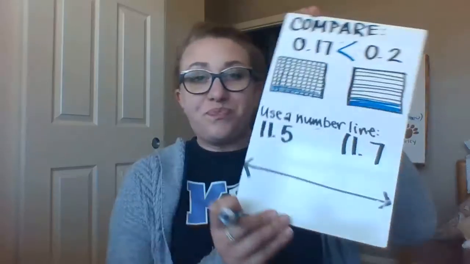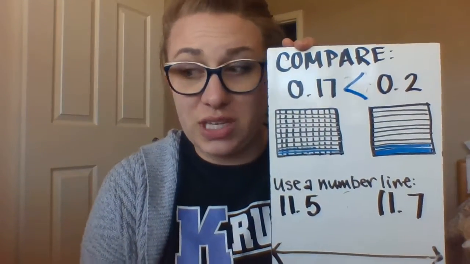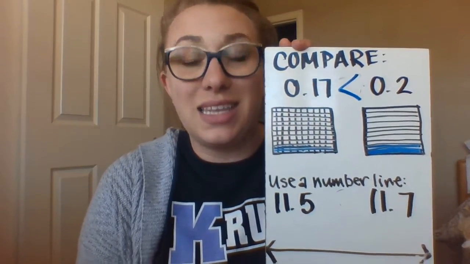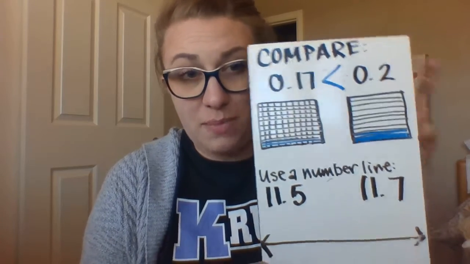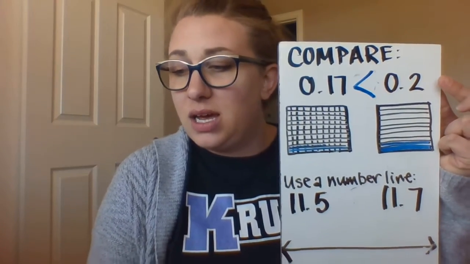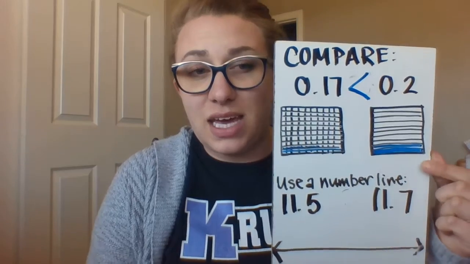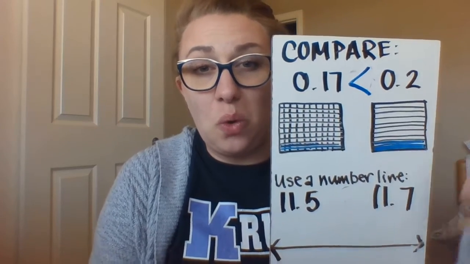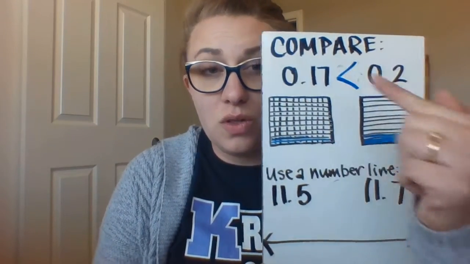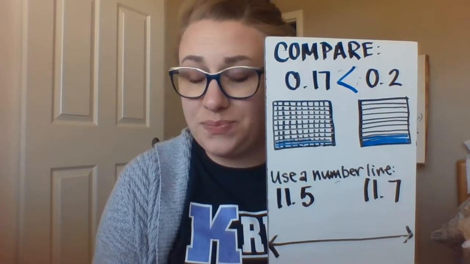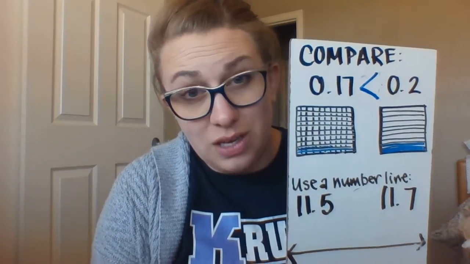So we would say 17 hundredths is less than 2 tenths, right? Because this is the greater number, okay? I can see that 2 tenths fills in more of this whole than 17 hundredths does.